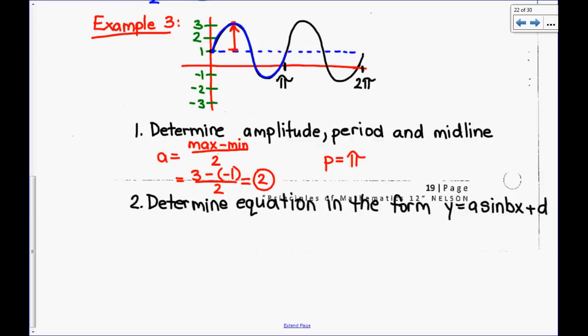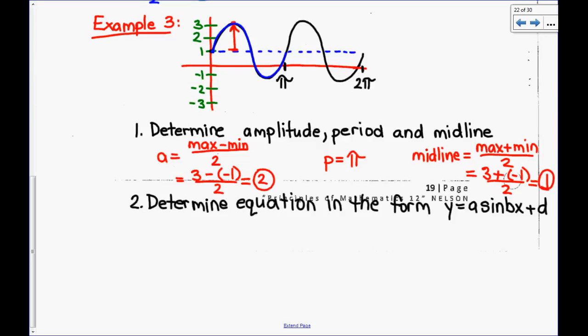Okay, and midline, we need the formula. Remember this is the one where we do need both, so it's going to be max plus min divided by 2. So maximum point again is 3, minimum point is -1, divided by 2. 3 plus -1 is 3 minus 1. 2 over 2 is 1.